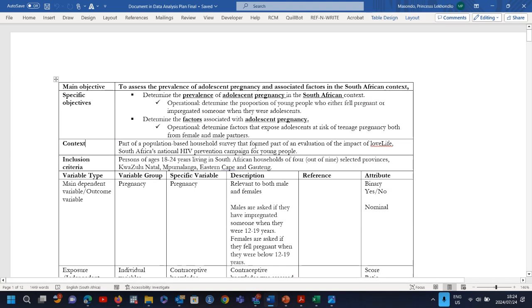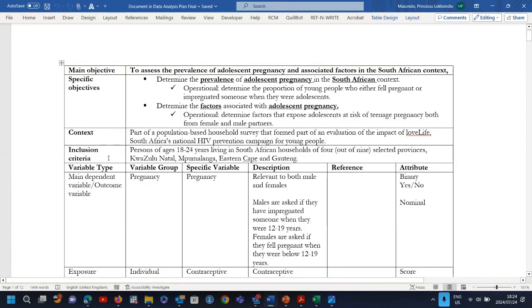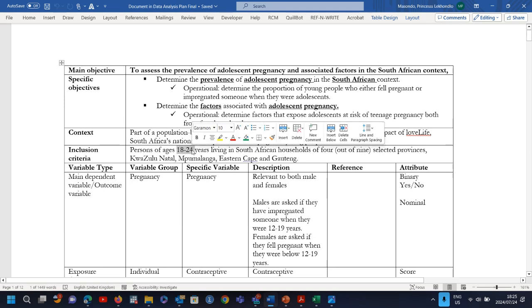And then the inclusion criteria: the study was looking at young people, so you must have been between 18 and 24 years. They go to the household, and once they are there, they interview people in this age group, 18 to 24 years.